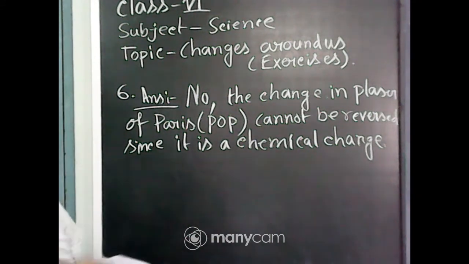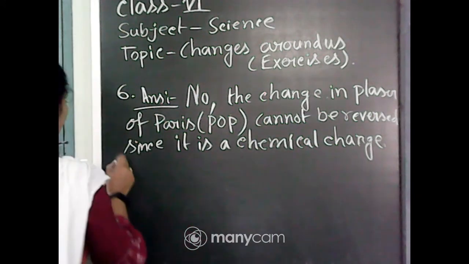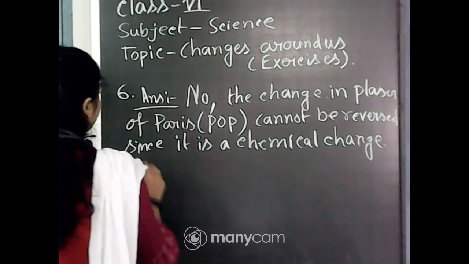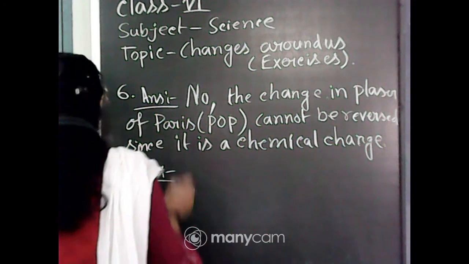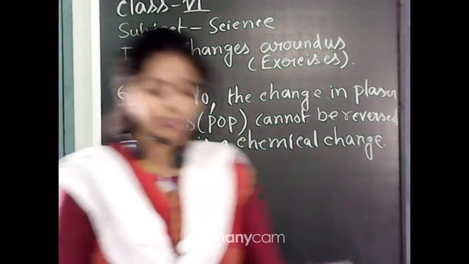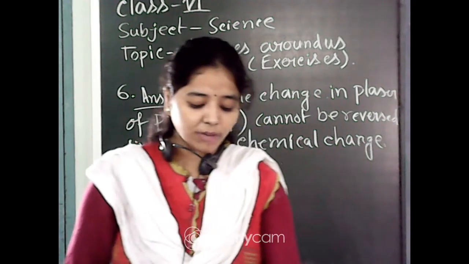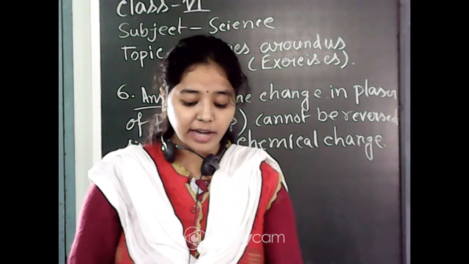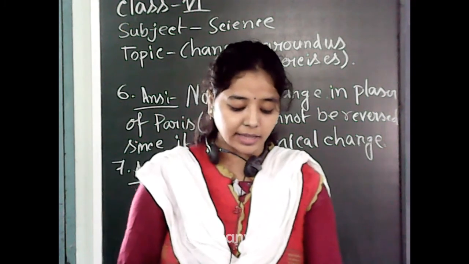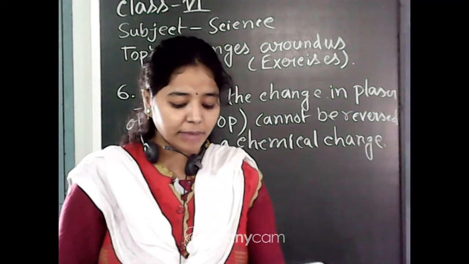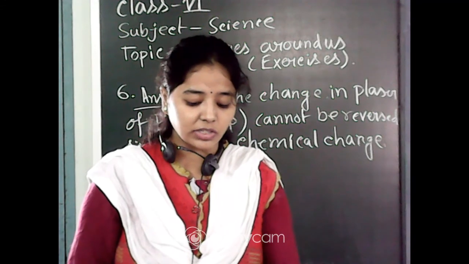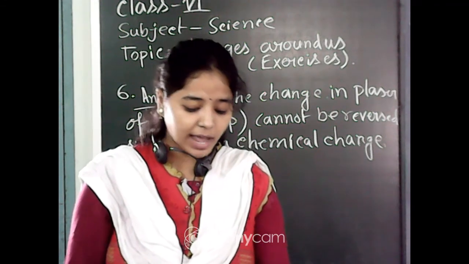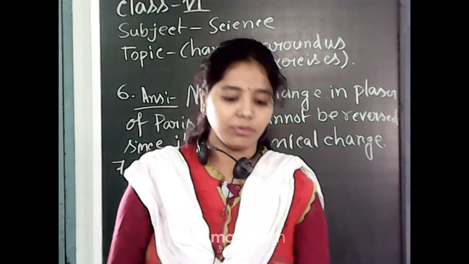Now comes the last question from this exercise, Changes Around Us. A bag of cement lying in the open gets wet due to rain during the night, and the next day the sun shines brightly. Do you think the changes which have occurred in the cement could be reversed?